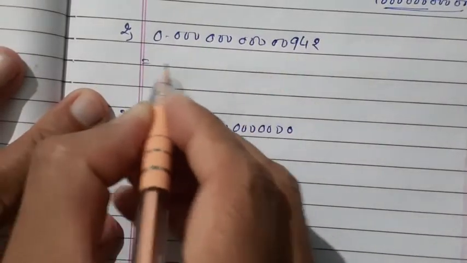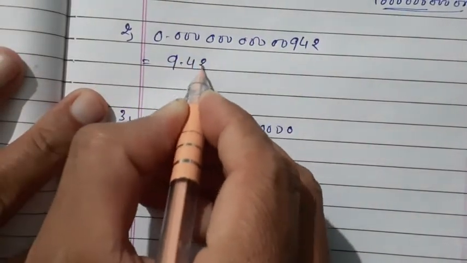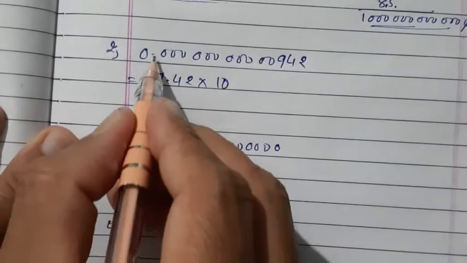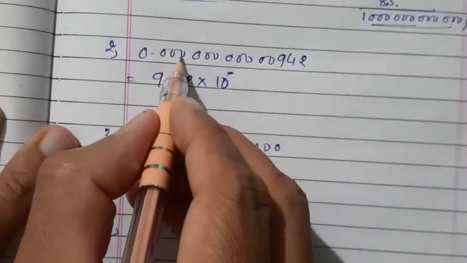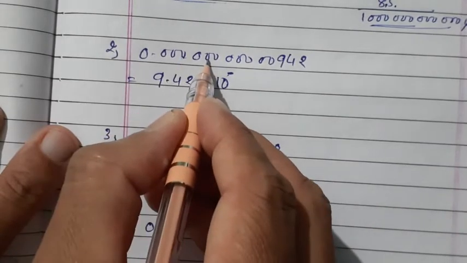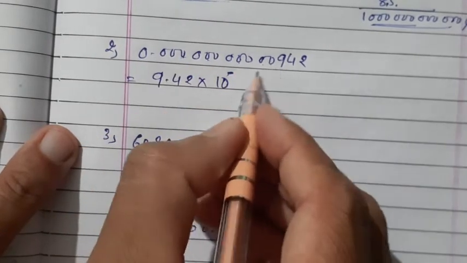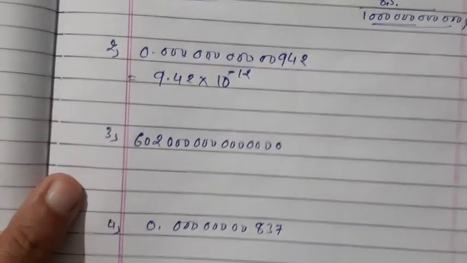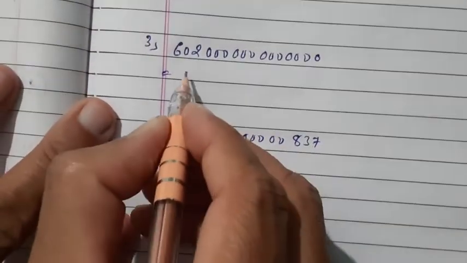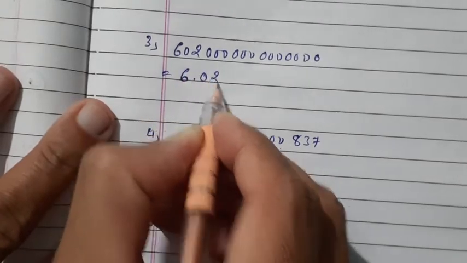Same for this one, 9.42 into 10 raised to, again we move to the right side, so our power is minus, and that is 3, 6, 9, 10, 11 and 12. Same here, minus 12. Now look at this one, that is 6.02, you know that.